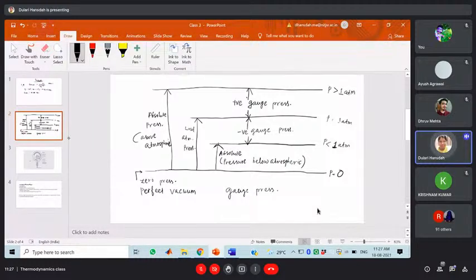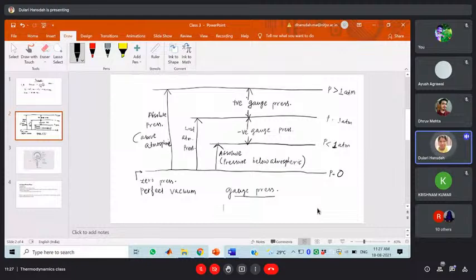Okay, so what I mean to say is that the pressure measuring devices or instruments will measure the gauge pressure only. So that is the difference between the absolute pressure, positive or negative, with your atmospheric pressure.